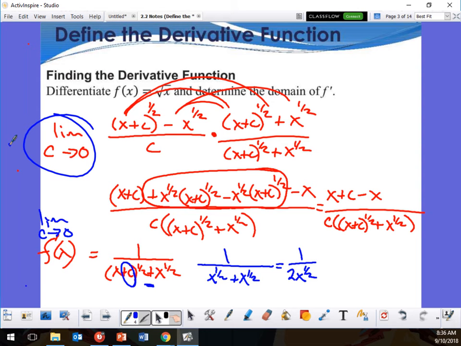If there's no distance there, that means my 2 points that are getting smaller and smaller and smaller finally get to where they're on top of each other, and I get the slope at that point. At that point right there, just the single x value. Not 2 separate x values, just a single x value. And that's what I'm trying to get. I'm trying to get it to be squashed down to just 1 point.